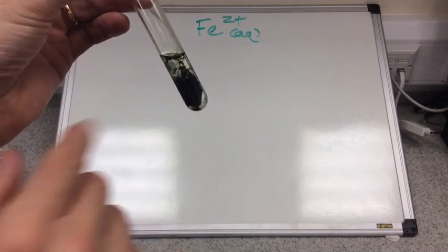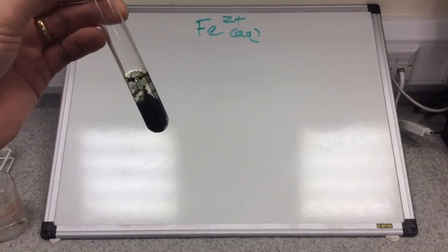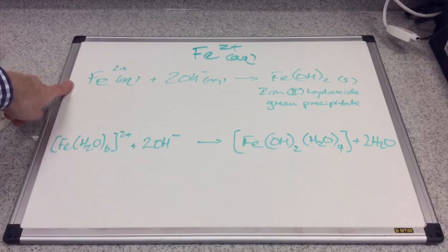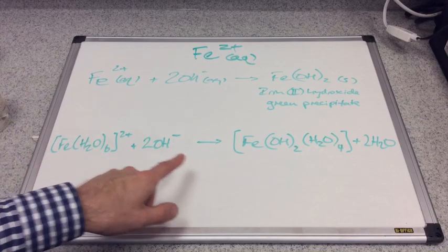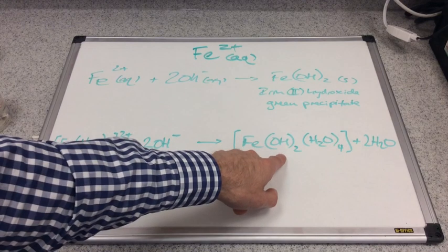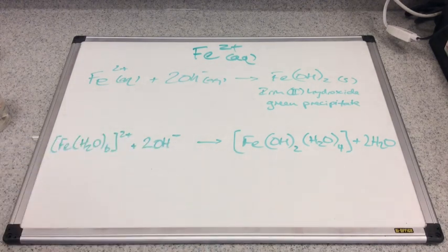We've got a green precipitate, and that's iron 2 hydroxide. And again, there are the two equations. We've got the simplified version and the more complicated version, showing the full formulae for the aqueous iron 2 plus ions and the hydroxide complex formed.